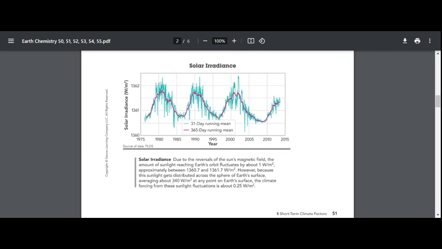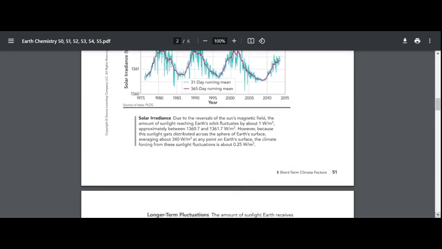However, because this sunlight gets distributed across the sphere of Earth's surface, averaging about 340 W/m² at any point on Earth's surface, the climate forcing from these sunlight fluctuations is about 0.25 W/m².